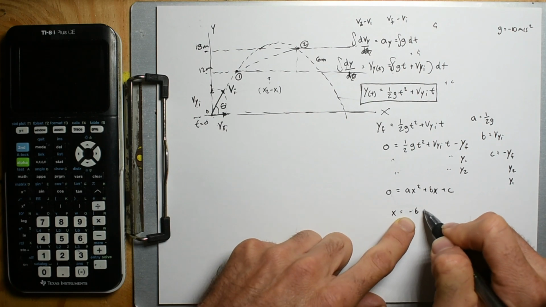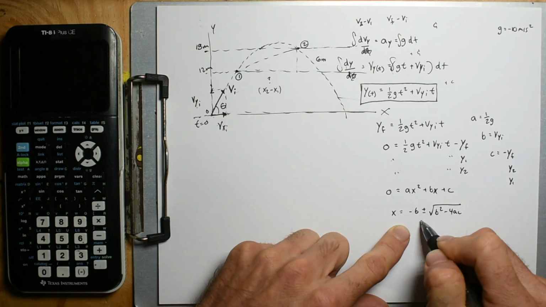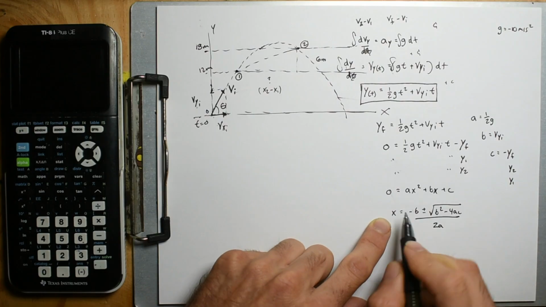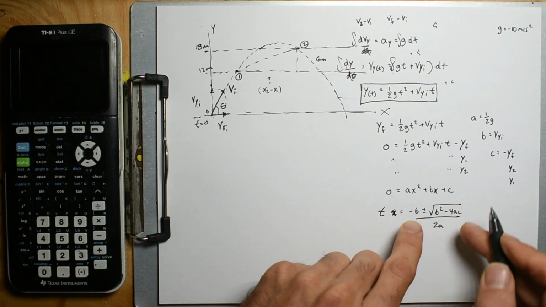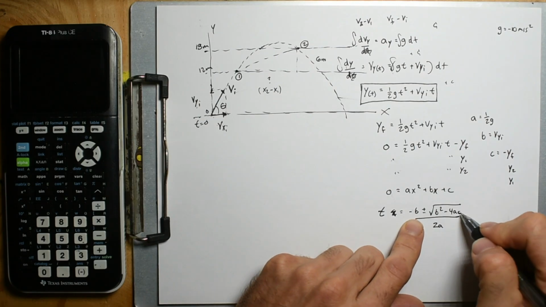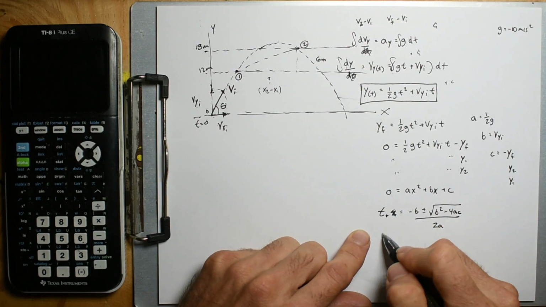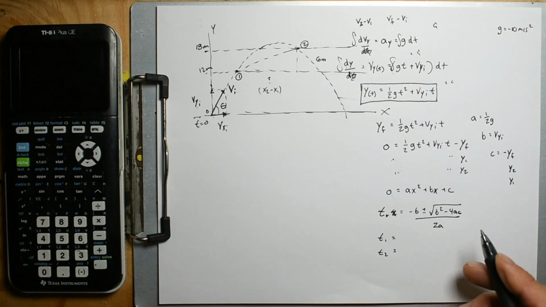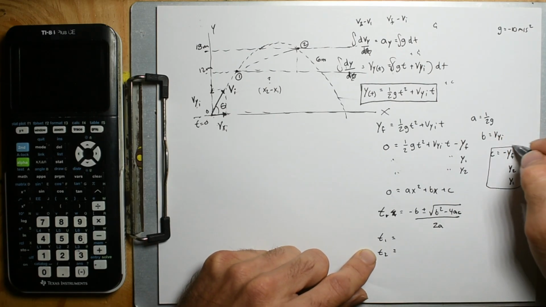That's going to be negative b plus or minus the square root of b squared minus 4ac, all divided by 2a. And I can see that, hey, this is just t, so I'm going to say t is equal to this. At t1 or t2, the only thing that's going to be different is this value for c.